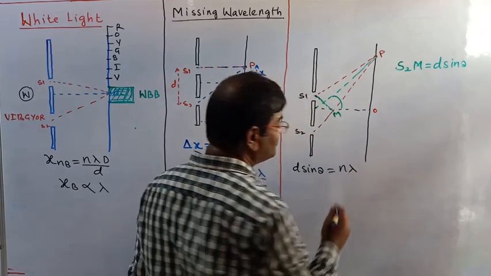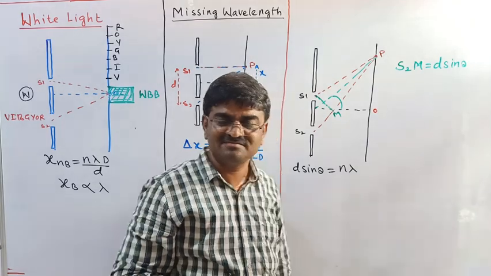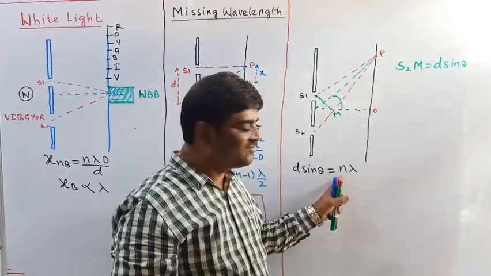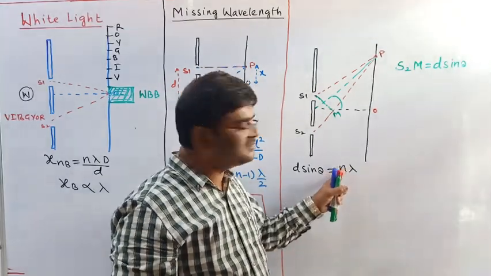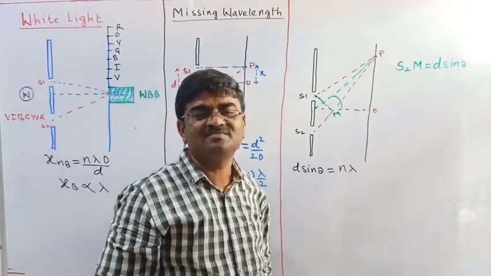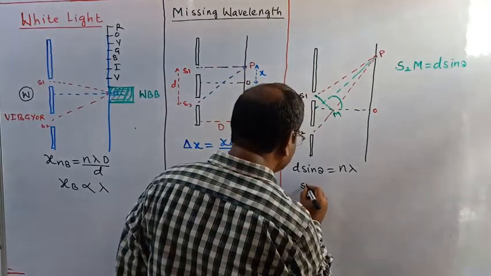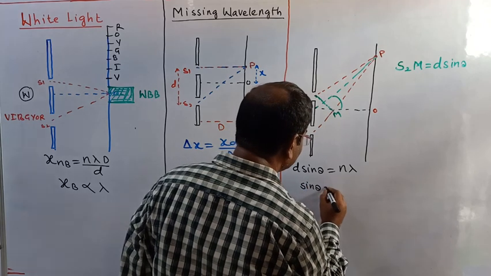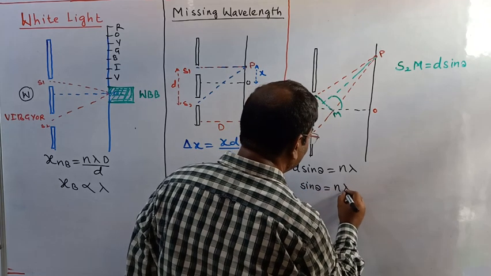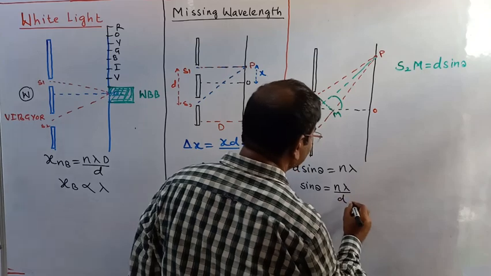This is the condition for constructive interference I am writing. At P I have got the nth bright band. So this equation I would write as sine theta equal to n lambda divided by d.